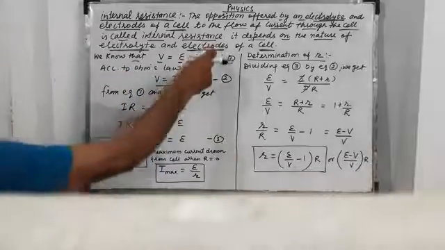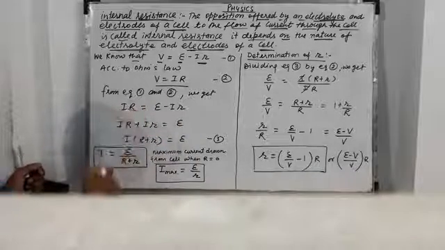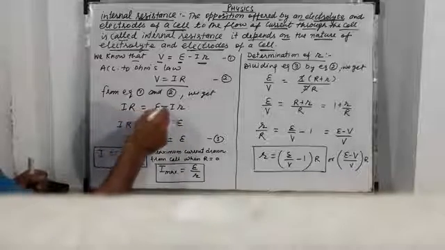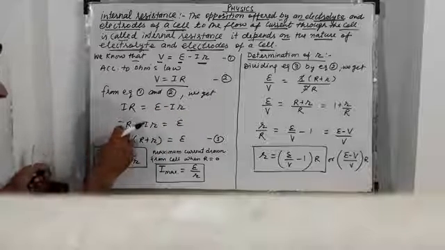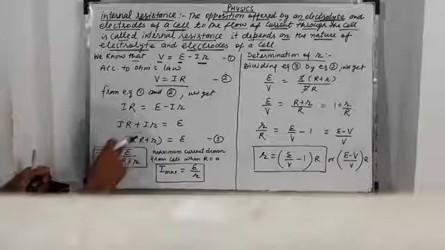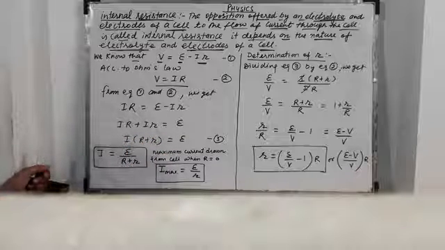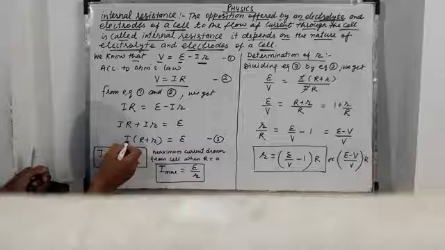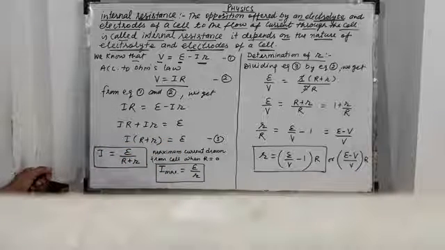From equations 1 and 2, we get I capital R is equal to E minus I small r, then IR plus Ir is equal to E. I is common, so I into R plus r is equal to E, and we get I is equal to E upon R plus r.